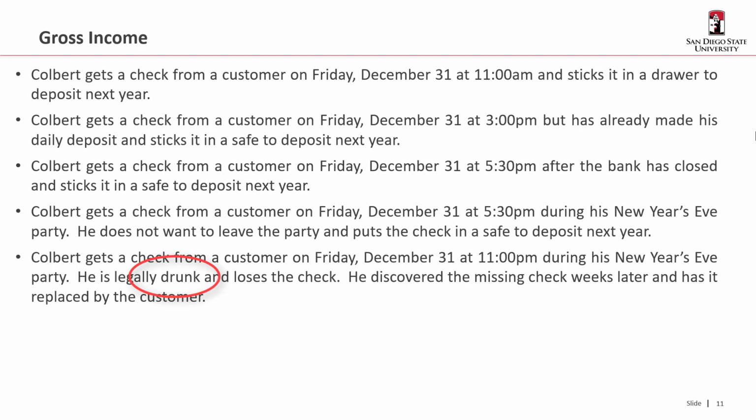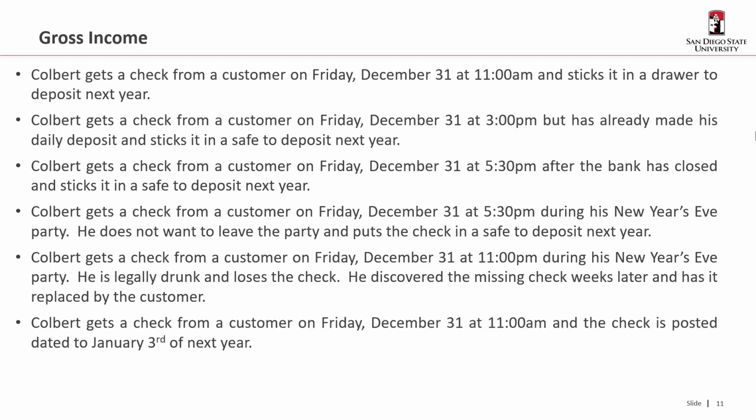He discovers the missing check weeks later and has it replaced by the customer. So is that constructive receipt on the 31st? And the answer is yes, right? His condition, or his losing the check, that is not a substantial restriction. Again, he had control even if it was just for a nanosecond.